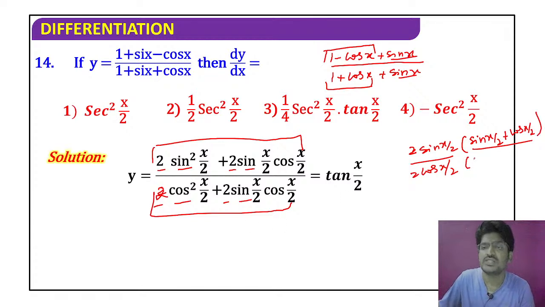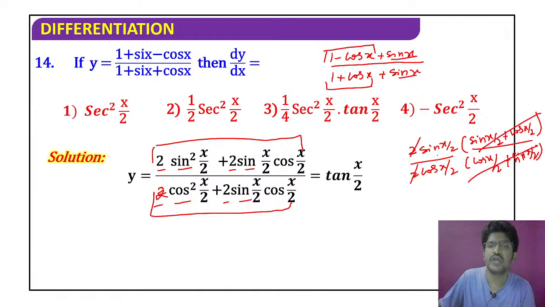In the denominator, cos x by 2 plus sin x by 2. Cancel these two terms. Cancel 2 and 2. Sin x by 2 divided by cos x by 2 is tan x by 2.